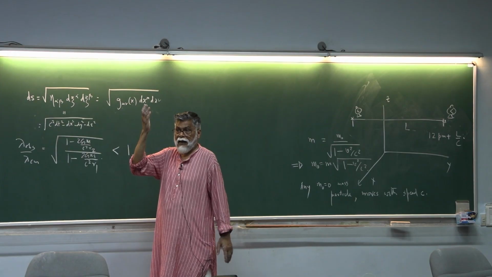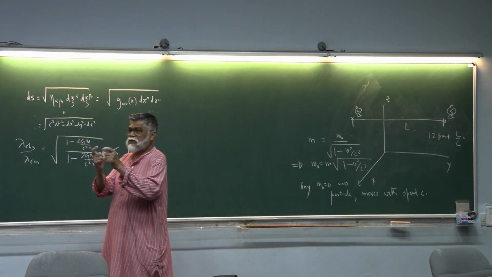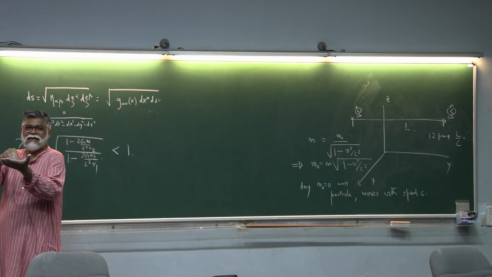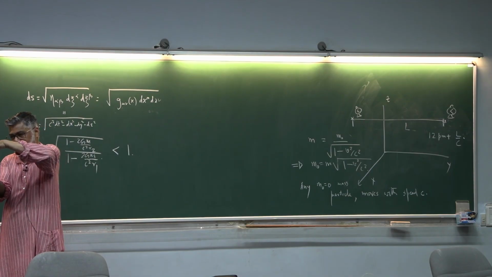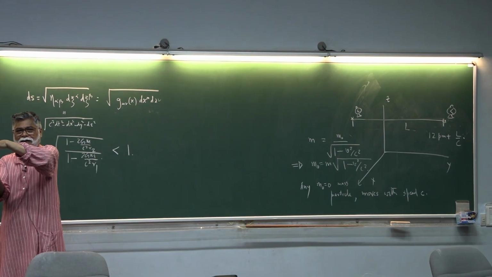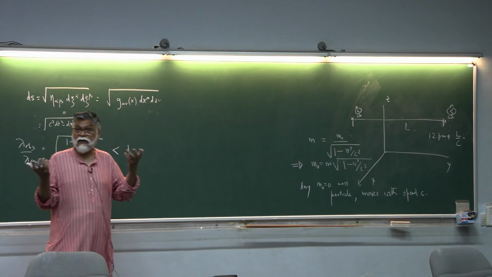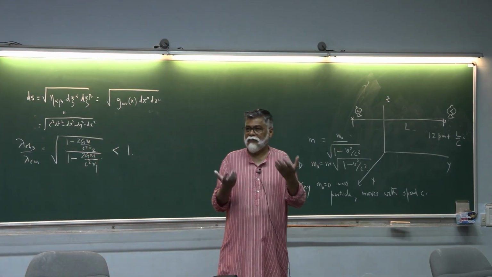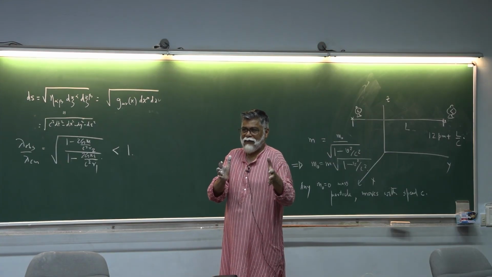And this was verified using a Mossbauer source. You know that when a nucleus embedded in a crystal emits a gamma photon, the gamma photon's energy is exactly the separation between the excited level of the nucleus and the ground state. There is no recoil. Mossbauer, a graduate student, discovered this effect while doing his PhD, because the entire crystal takes away the momentum.